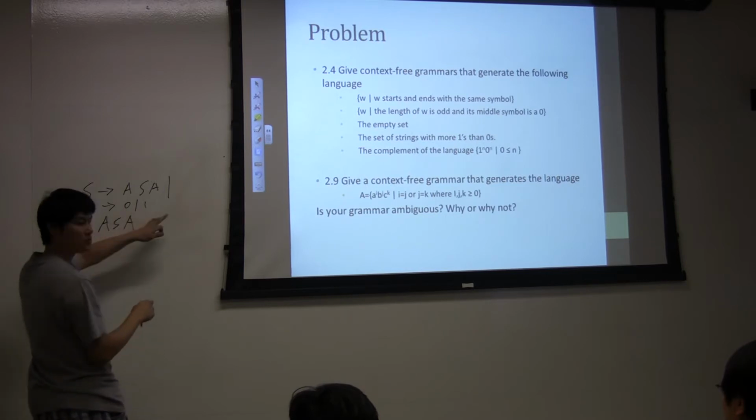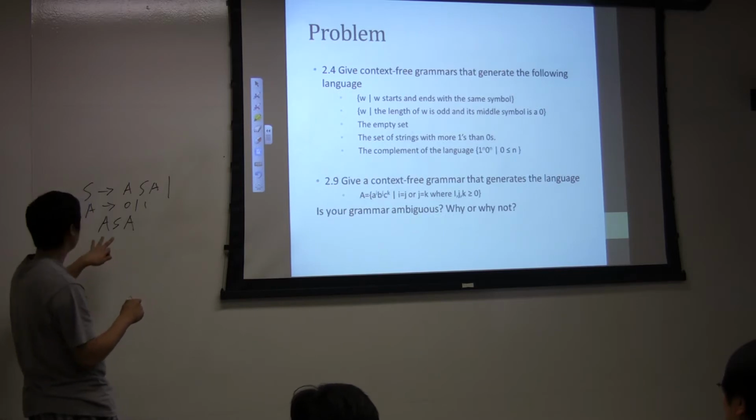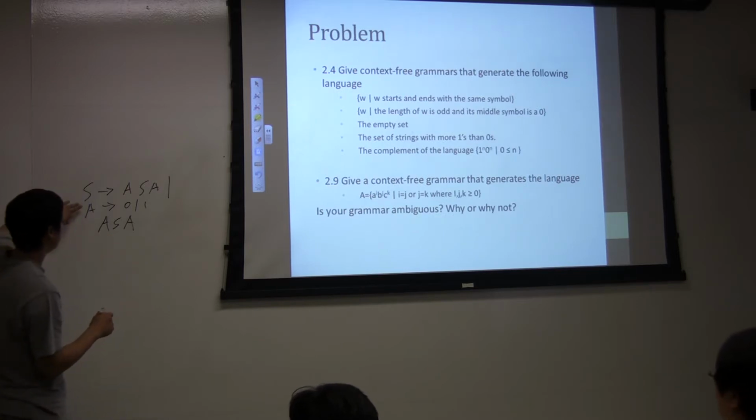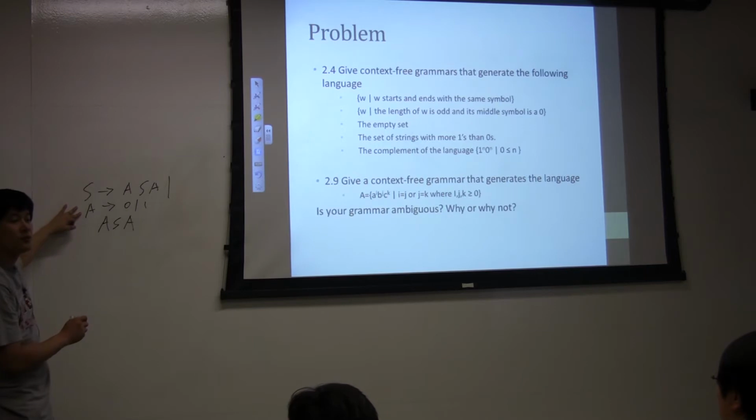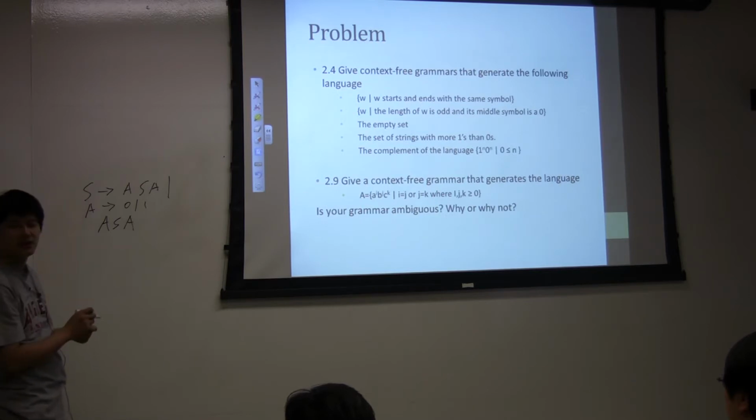For this A we can either choose 0 or 1. They don't need to be the same. The same variable just means that they use the same generation rule. Okay, Tanya is right. The previous answer you gave is wrong. It does not necessarily generate a palindrome. So you're saying this is just to make sure it's odd? No.